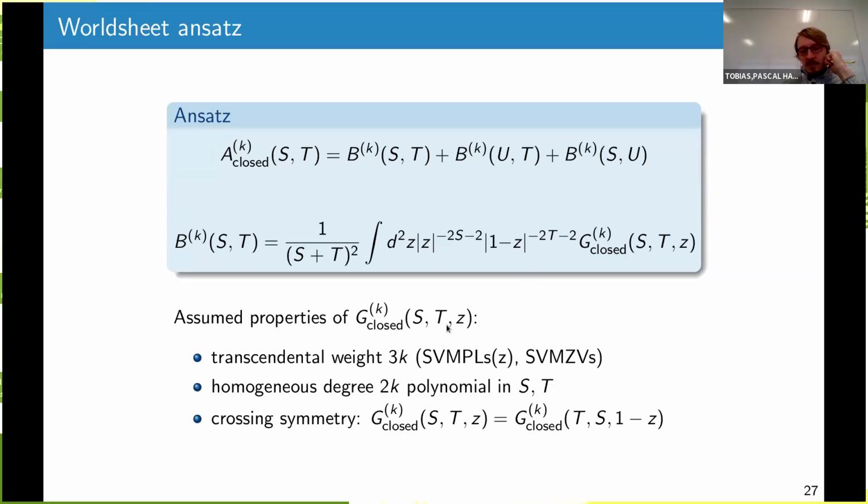And we assume that g has the following properties. It has transcendental weight 3k made up out of these single-valued polylogs and single-valued multiple zeta values. It's a homogeneous degree 2k polynomial in S and T. And to have crossing symmetry, it must be invariant under simultaneous exchange of S and T and Z and 1 minus Z.